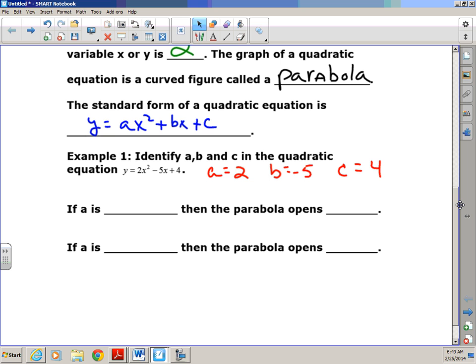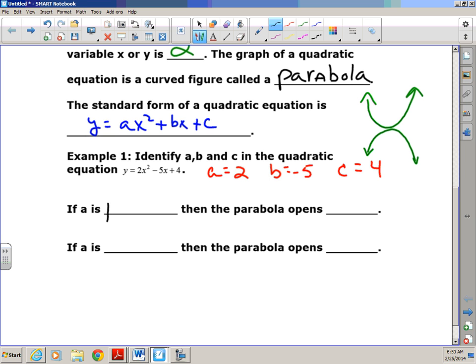Now, as we mentioned, a parabola is a U-shaped figure, or curved figure. And what it looks like is a figure opening like that, or like that. Okay? We can very simply tell if it's going to open upward or open downward by examining a.